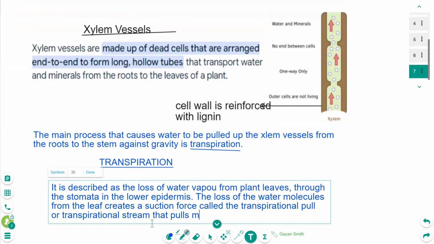Pulls more water into the plant and up the xylem vessels.